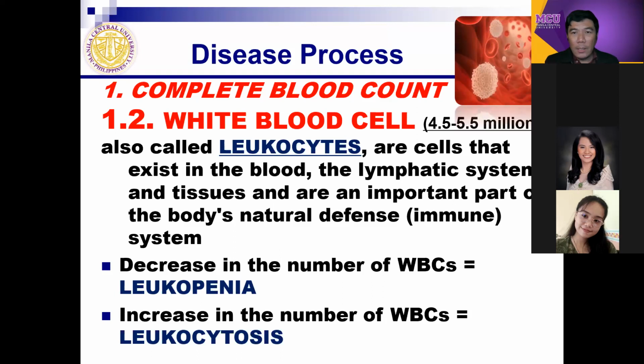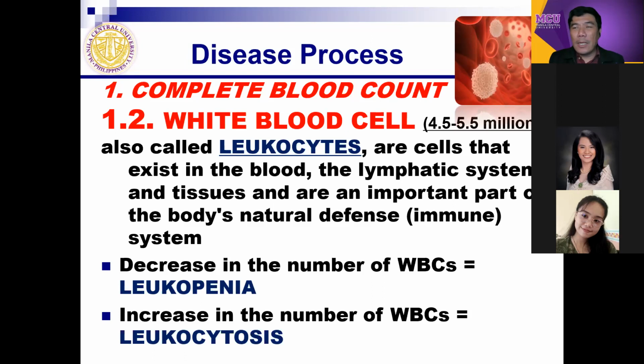But I need to correct yung level. Yung 4.5 to 5.5 million po ay sa RBC po yan. So to correct po the level for the WBC, it's usually 4 million to 11 million. So again, to correct the number indicated on the level of the WBC, it's 4 million to 11 million po ang normal reference natin for WBC.